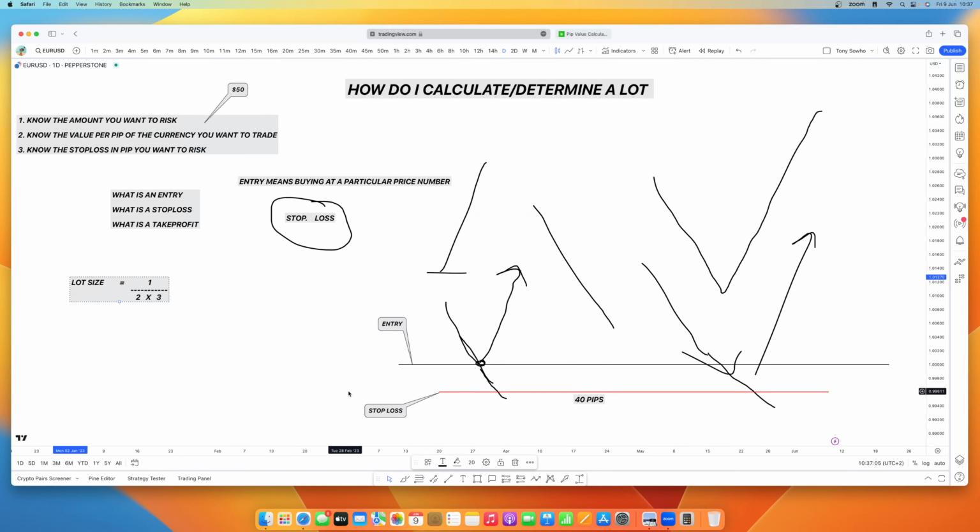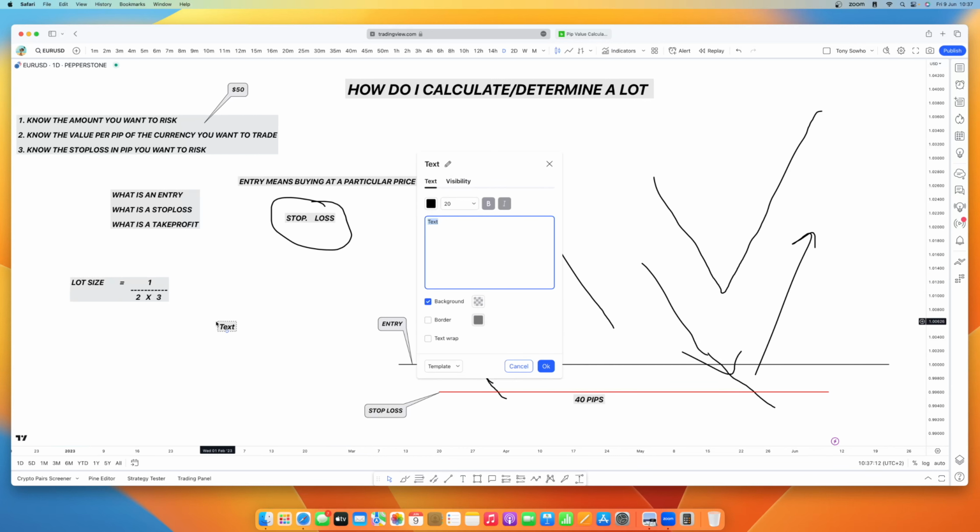Now, what is 1? 1 is know the amount you want to risk. That's $50. So it's going to be 50 divided by, what is 2?